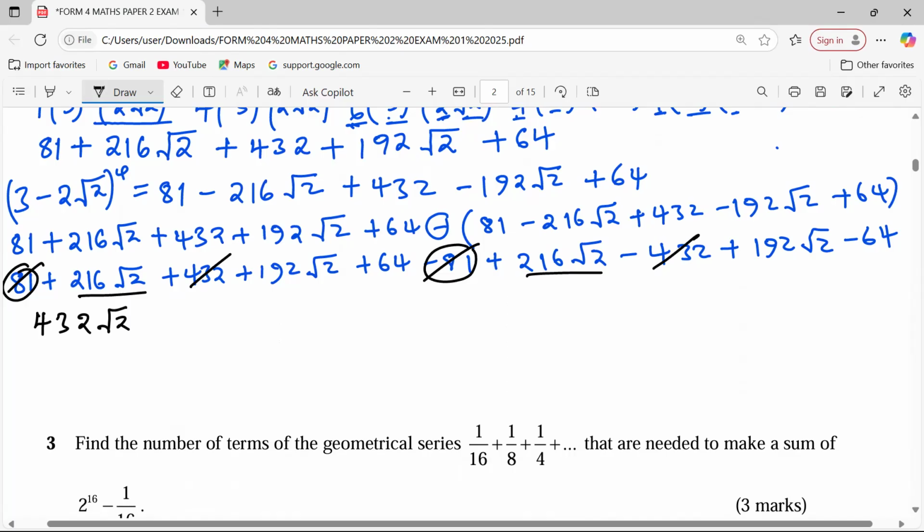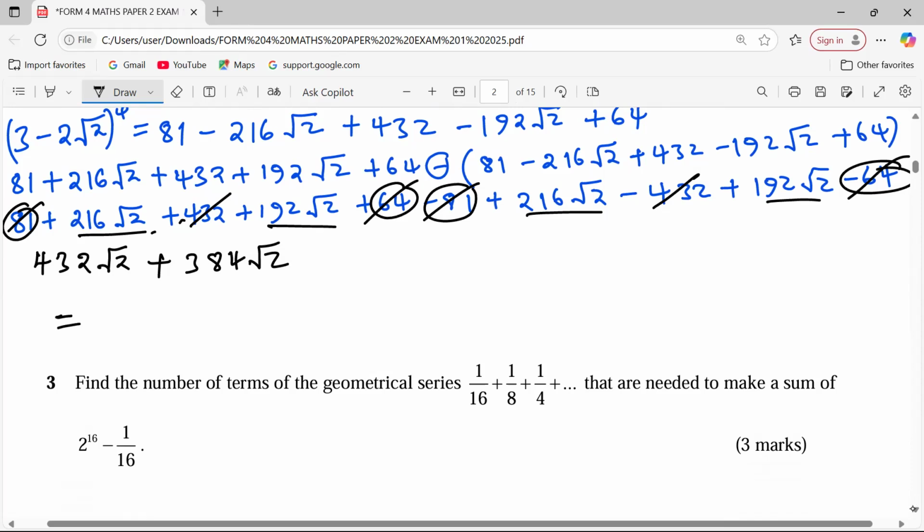Then when we talk about 192, the root of 2, and another 192, the root of 2, that can also be combined. 192 plus 192, that becomes 384. So we'll be adding 384, the root of 2, and you discover that they are again like terms. Then 64 minus 64, that one cancels. So now from here, we shall have 432 plus 384, giving us 816.